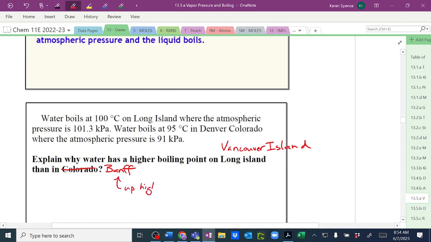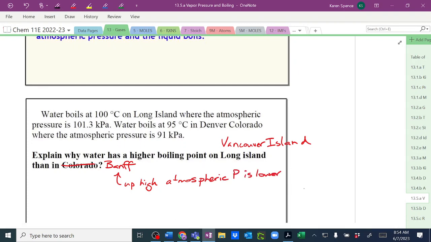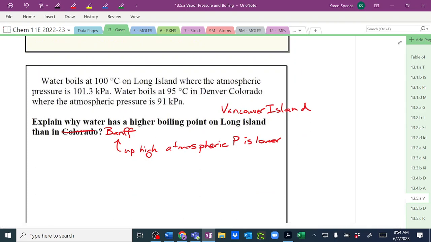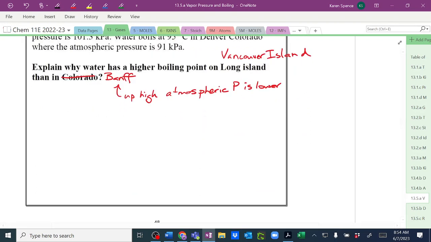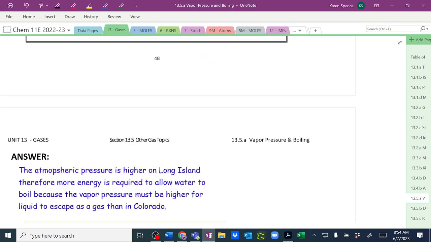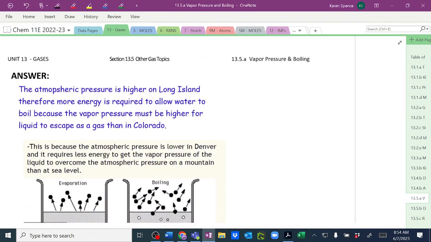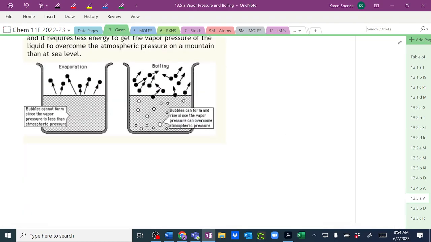And what does that mean? The atmospheric pressure is lower. Oh, look, there's an answer on the next page, so we didn't even have to write that. Excellent.